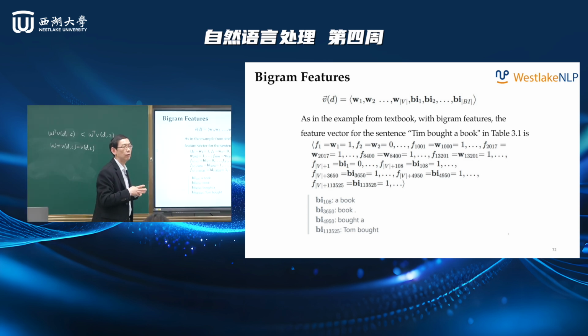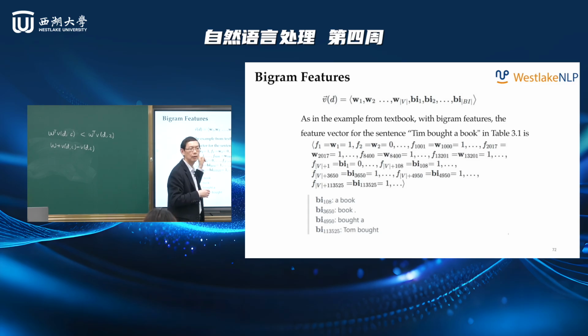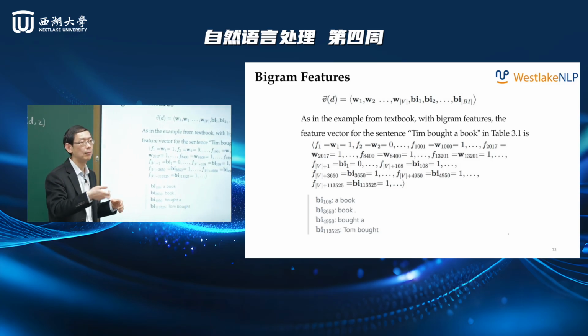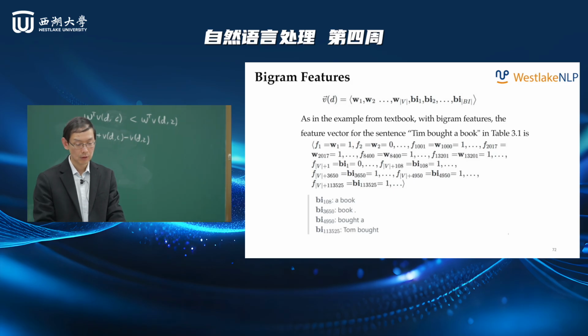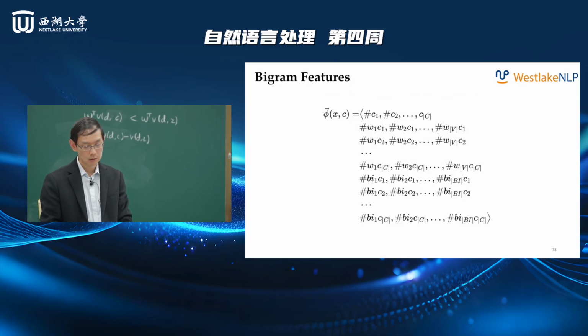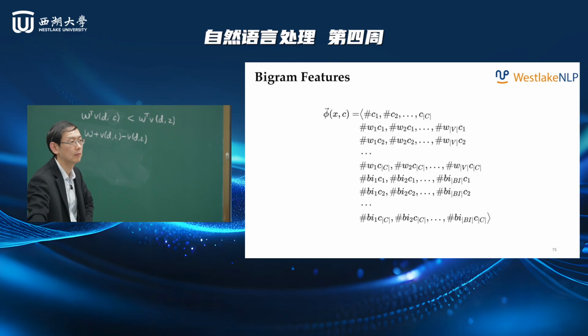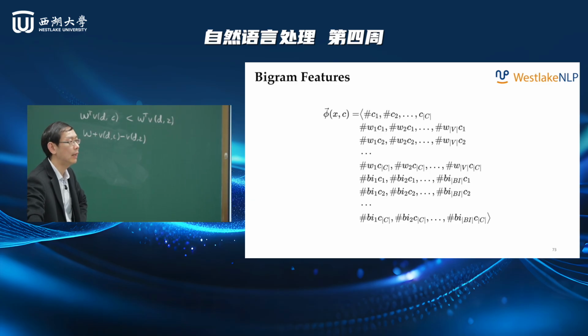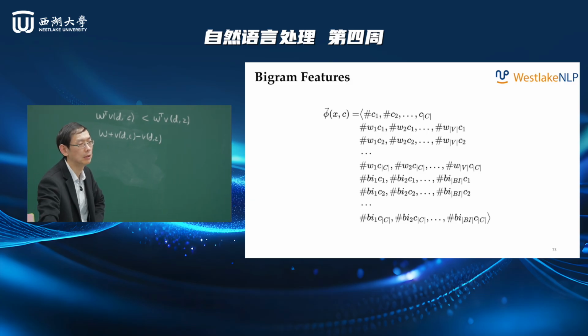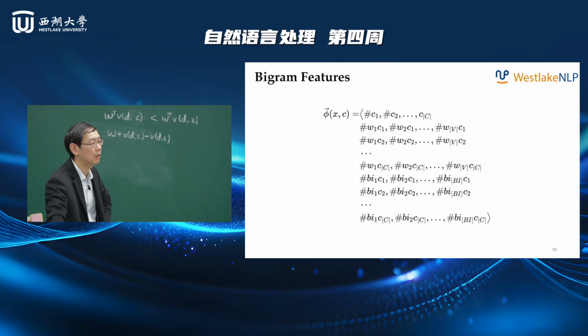So your vector now has class label, word and class label composition, and now also bigram and class label composition. The vector will look like this. You added a few rows to your vector representation. Every row is the set of bigrams combined with a class label.